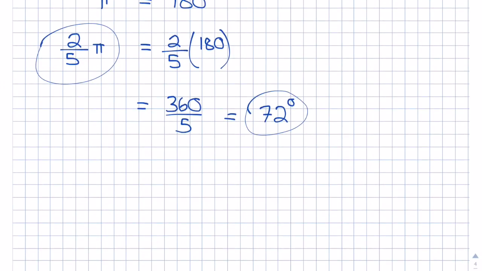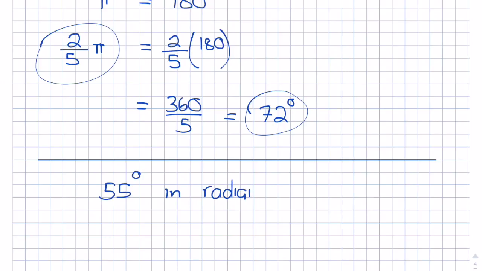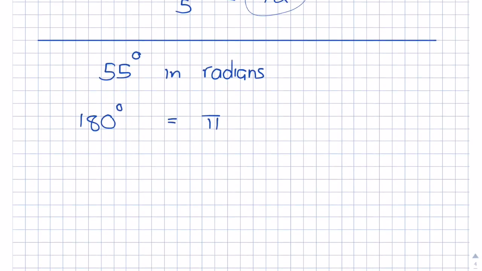Okay, what about changing an angle in degrees into radians? So let's say a random 55 degrees. 55 degrees in radians. So what we know is that 180 degrees is pi. But I don't want to know what 180 degrees is, I want to know what 55 degrees is.